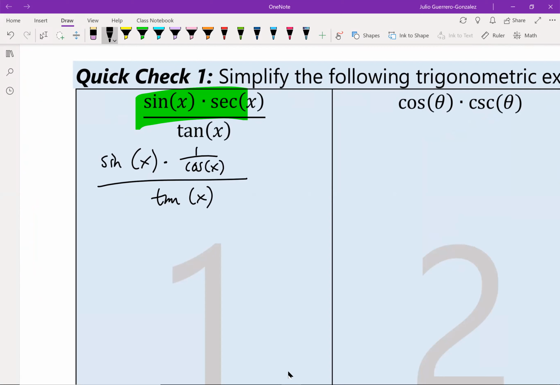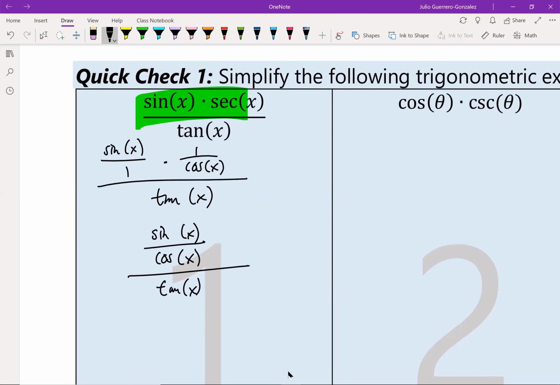Our sine of x, we can easily write as sine of x divided by 1. So anything we can put over 1, because that's still true, right? We can multiply across. We get sine of x over cosine of x divided by tangent of x. Sine over cosine is tangent of x over tangent of x, which is 1.